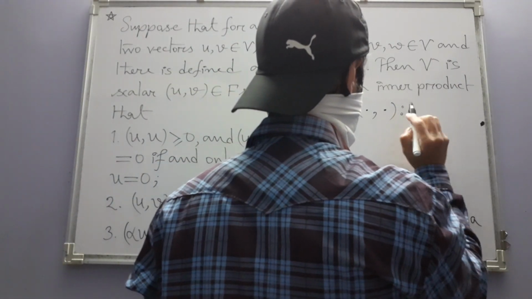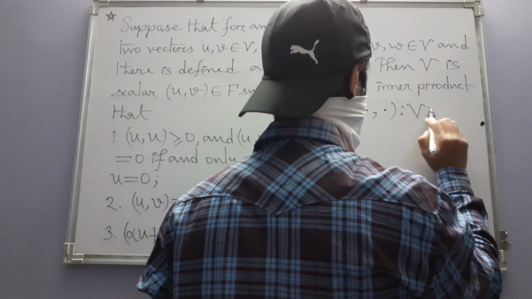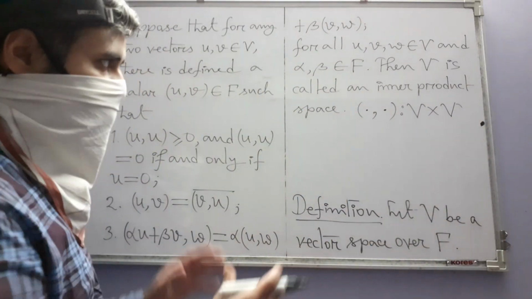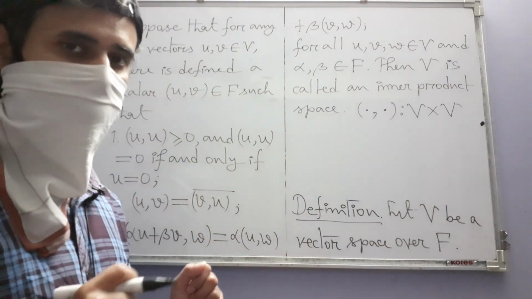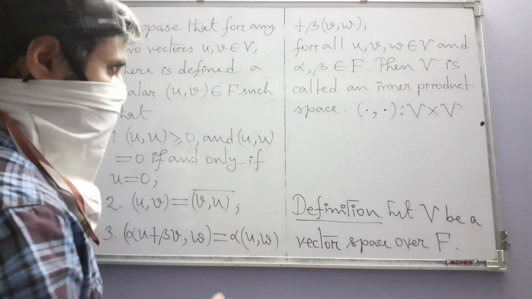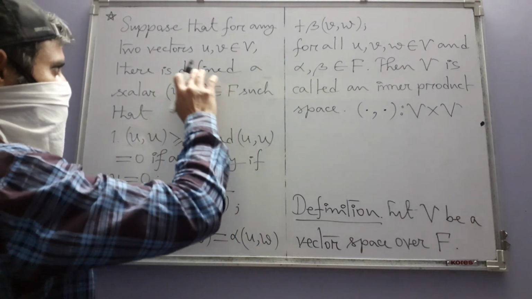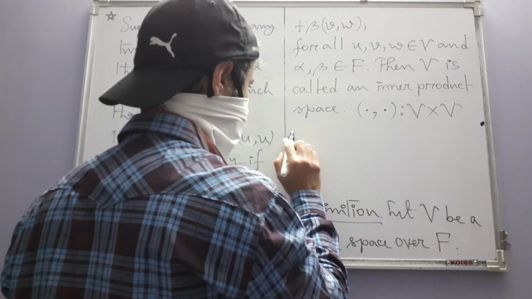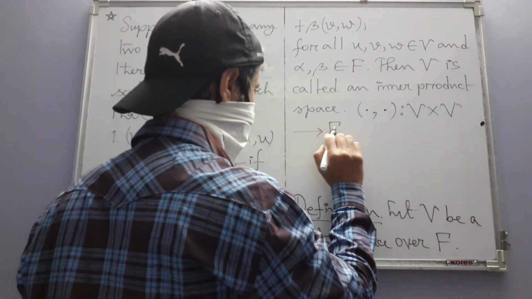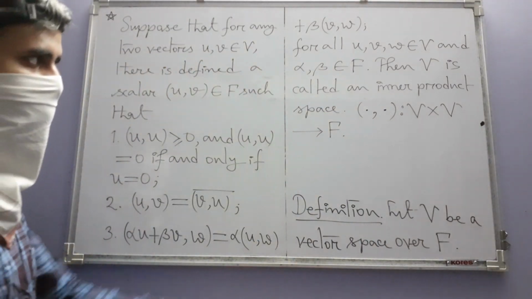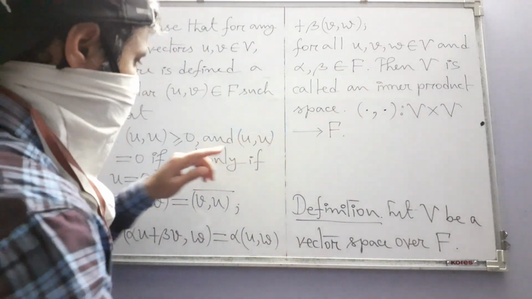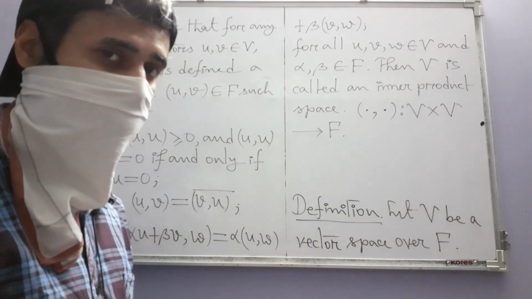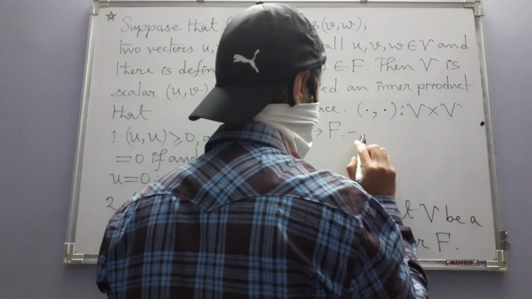So the domain of the function is the Cartesian product of V with itself, because we are going to consider an ordered pair of two vectors, and we have just simply decided to use that same notation as our output, and our output is a scalar, and such a function which satisfies these three properties is called an inner product on V.